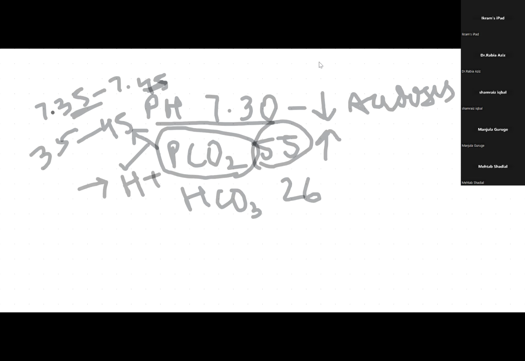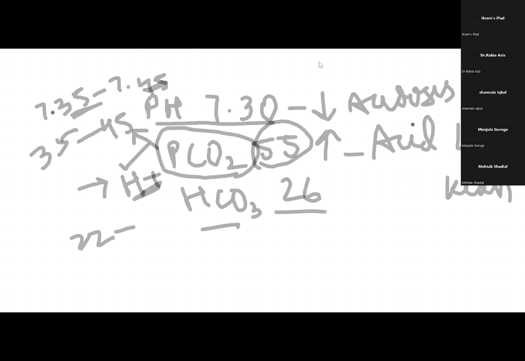And if it is rising, then this becomes acid. With this acid, I write lung, because carbon dioxide is coming from the lung. Here for bicarbonate, I write kidney. What is the normal value of this? 22 to 28. It is 26, or somewhere it's written 28.